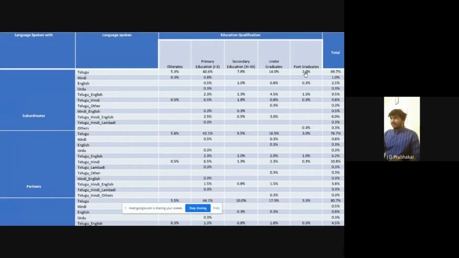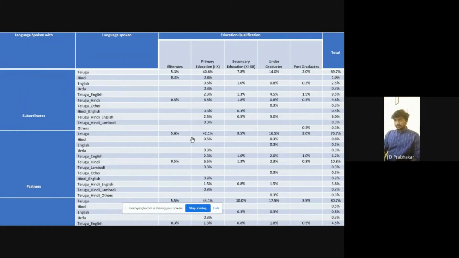They prefer English rather. And the undergraduates, if you see here, 14% is being used. Overall, 69.7% will be being used with subordinates.